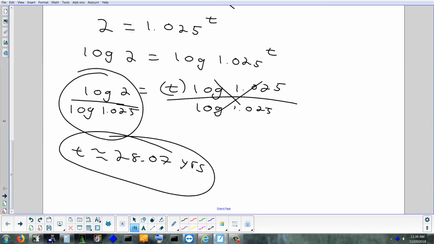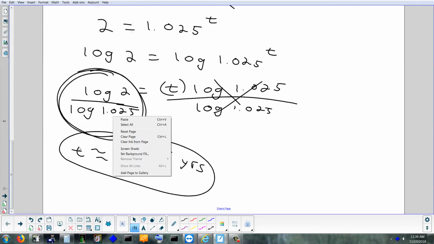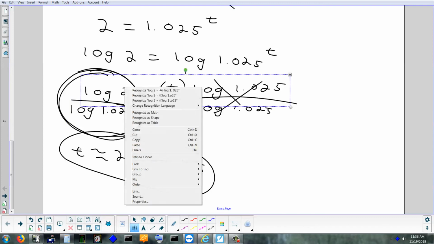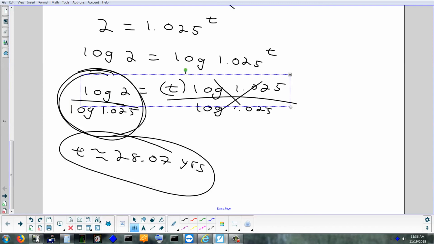So if I had to do a lot of these problems, I would almost try to come up with a shortcut based off looking at the final answer. I'd say, well, it looks like the denominator is just the log of 1 plus r. That's all that the denominator is. And the numerator is the log of, let's see, that was our final population divided by initial population. Final was 100,000. Initial was 50,000.